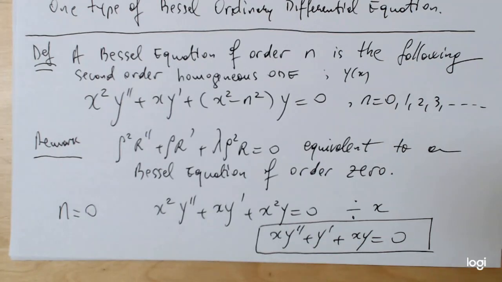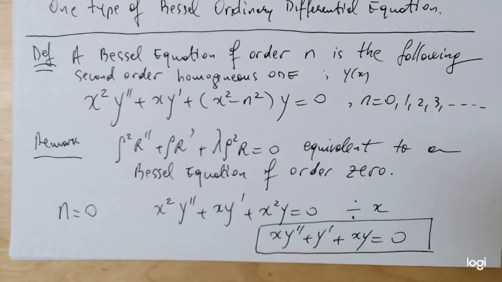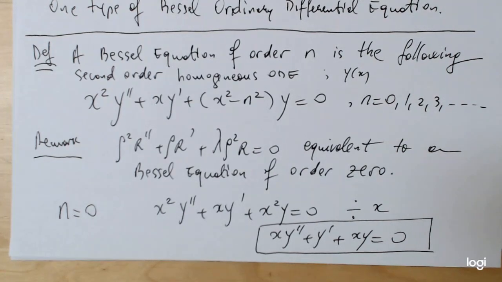So let's summarize what we had so far as a preliminary topic. There are other Sturm-Liouville problems besides the one we encountered so far, leading to eigenfunctions besides sine and cosine.